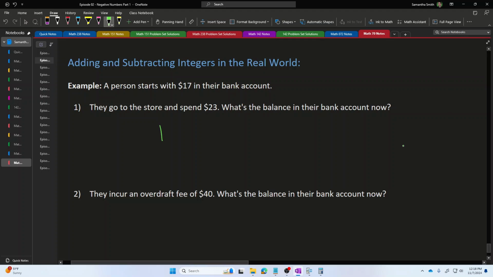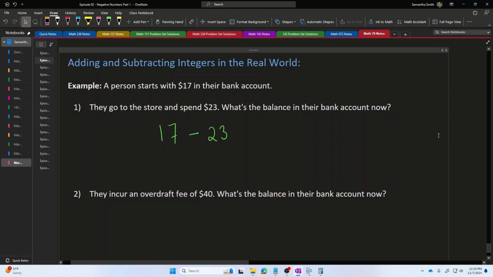So to represent this scenario, I'm going to start with 17, but then I'm going to try to take away $23 from that 17. Because I'm taking away more money than I have, I'm going to be left with a debt. I'm going to be left with a number that represents I did not have enough money to cover this transaction.